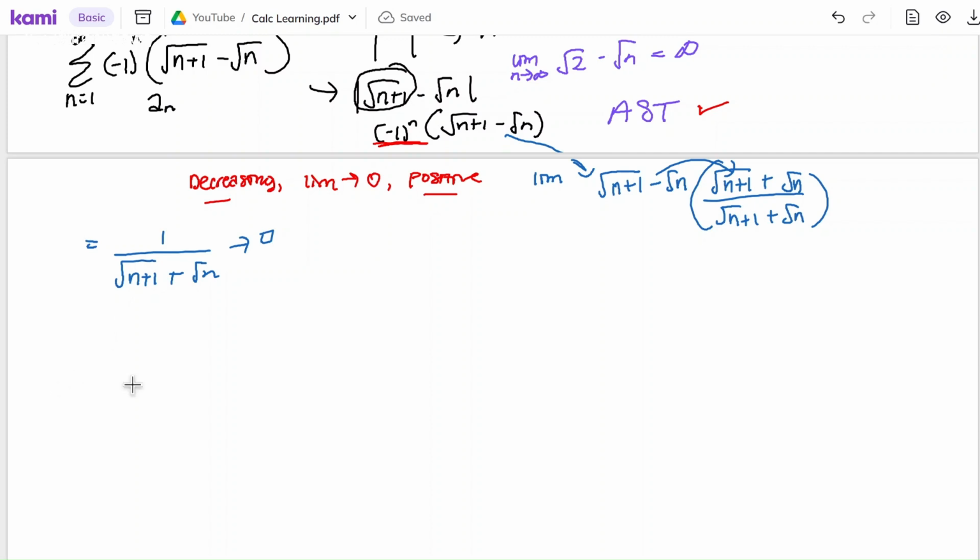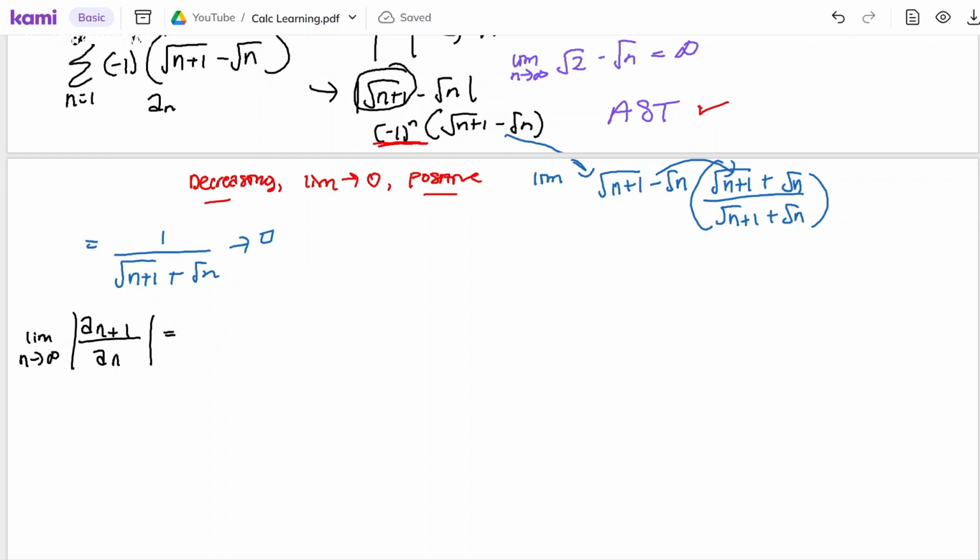But the ratio test is basically taking a to the n plus 1 over the original function. So you take the original function, add 1 to it, and divide it by the original function, and you're doing the absolute value, by the way, with the limit as n goes to infinity.